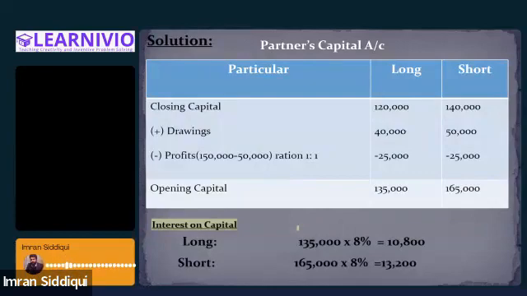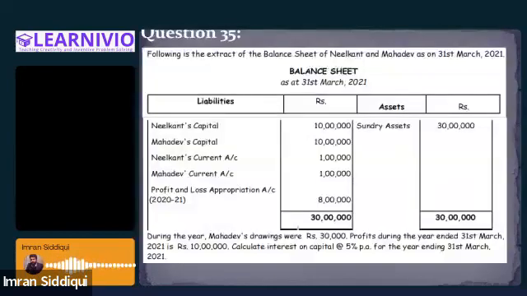Okay. Now, let's move to the next question. Next, we'll try question number 35. This time we have two partners in this case as well, Neelkant and Mahadev. Neelkant's current account information, their capital balances from the capital and current account both, is given.